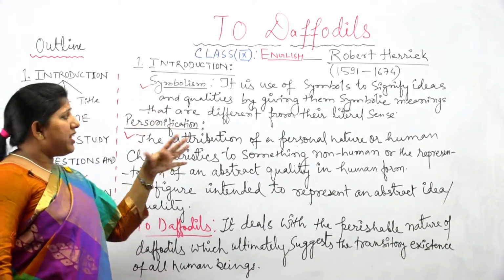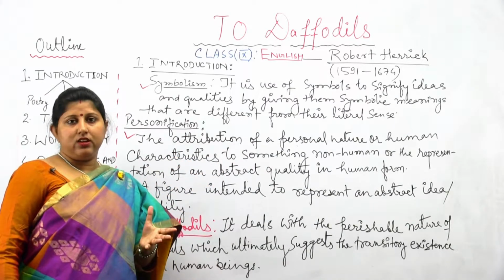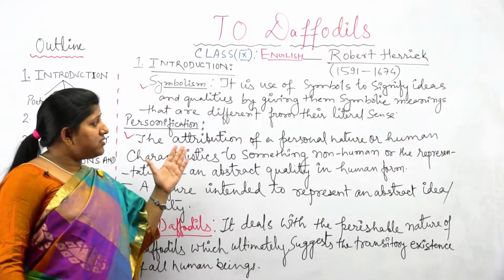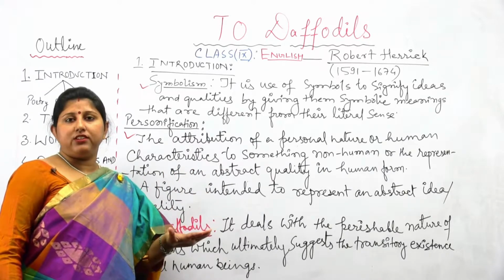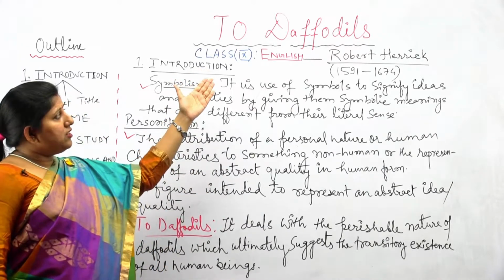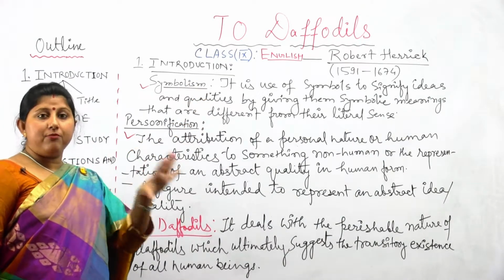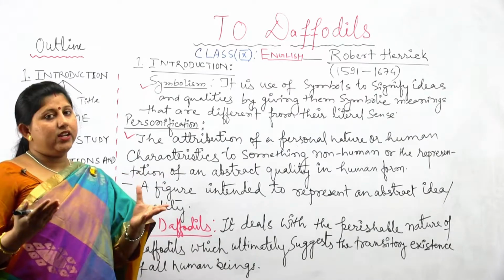Symbolism gives you some idea about an object, and the poet uses this device by changing the literal sense of it. Here, two daffodils. Daffodil is a flower, in the shape of a trumpet with a long stem, and yellow in color.